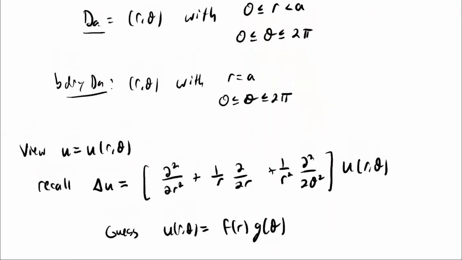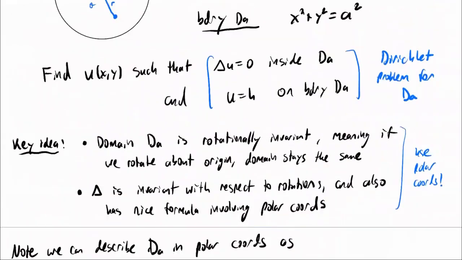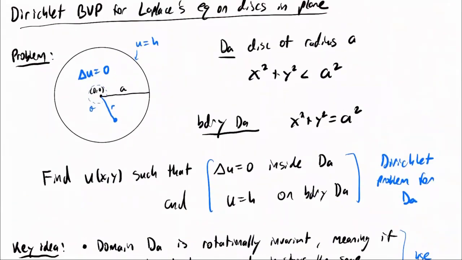One thing to point out is, well, how do we understand the boundary condition? Well, at the boundary in polar coordinates, r is just equal to a, so the only thing that's varying is theta. So this is a function of theta, between 0 and 2 pi. Right, so for example, let's say this is the y-axis, and this here is the x-axis. Well, when theta is equal to 0, you start off over here, and as you increase theta, h could have different values along the circle.